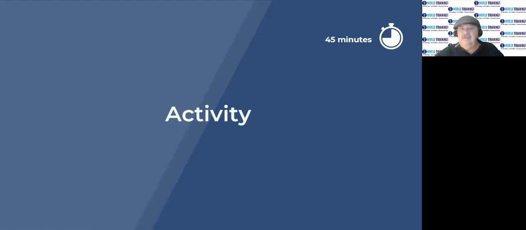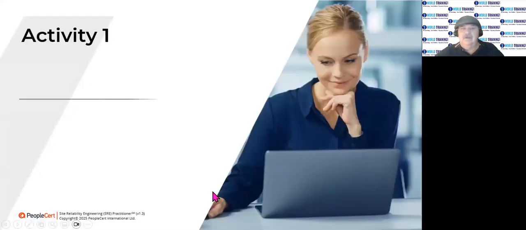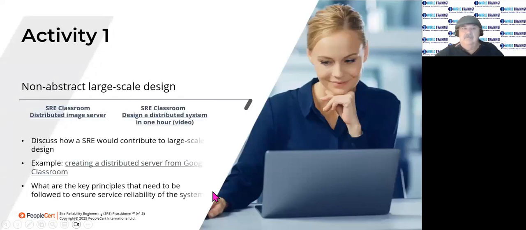Okay, we're going to do an activity. This is a fairly large activity. We'll allocate 45 minutes. I'll give you some instructions, and then this is something you can do on your own. The activity is really to take an example of a large-scale design and walk through it so that you can understand the approach.